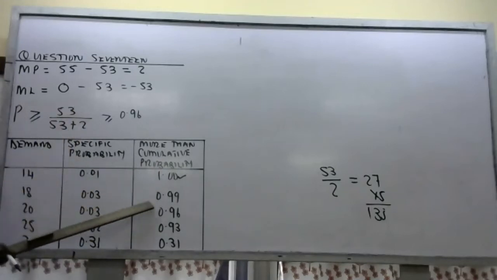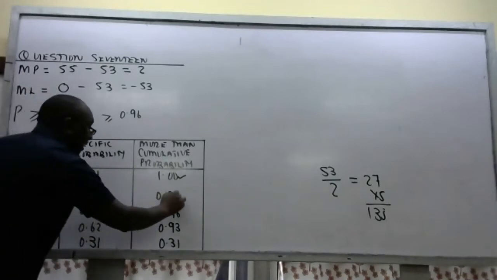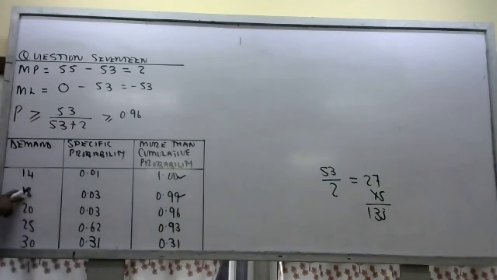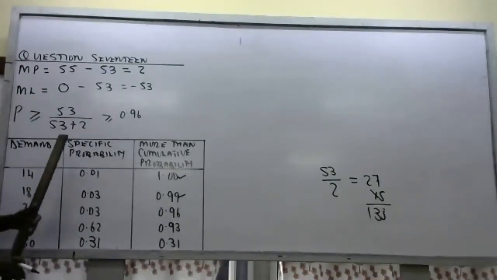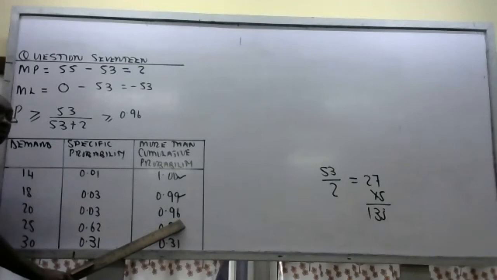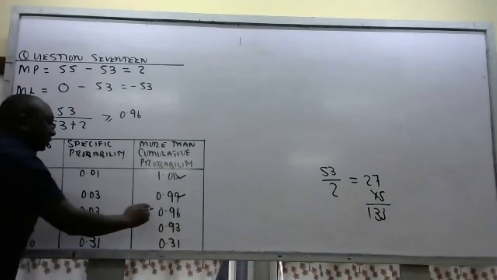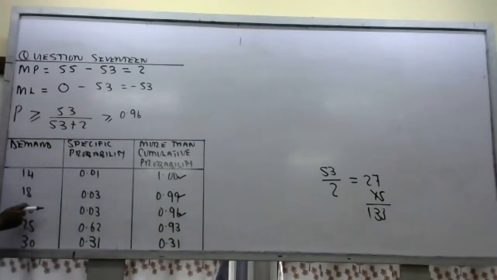Let's come to this one. Is this one greater than or equal? Yes. So if yes, that means we can order 18. This one, is it greater than or equal to? Yes. So if yes, it means we can order 20. This one, is it greater than or equal to?